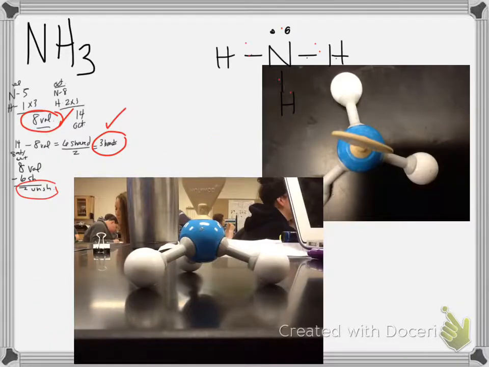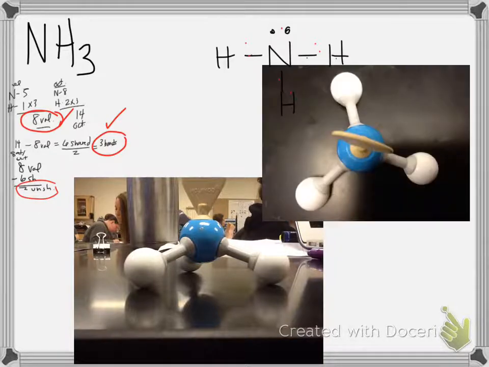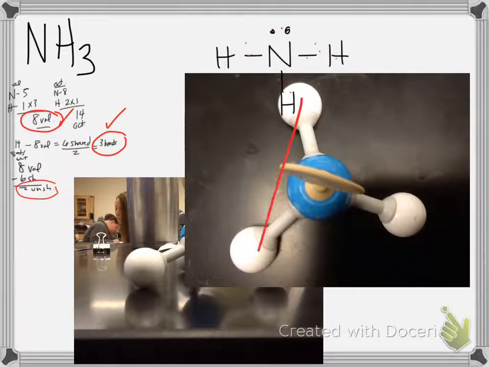Okay, so you've got something like this. I'm going to use that one first, actually. So looking at this, what shape is that? It's triangle. It's trigonal. So we know it's trigonal something. The question is this all in one plane?